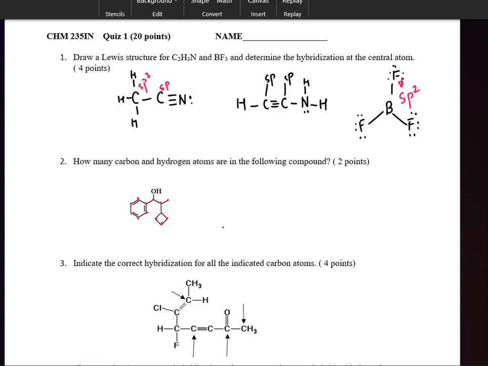Okay, so we have 13 carbons. And then hydrogens, if you count, each of these carbons here, they have only one hydrogen. There is none here, and then this one has 3 hydrogens at the end. Each of the carbons here, they have 2.